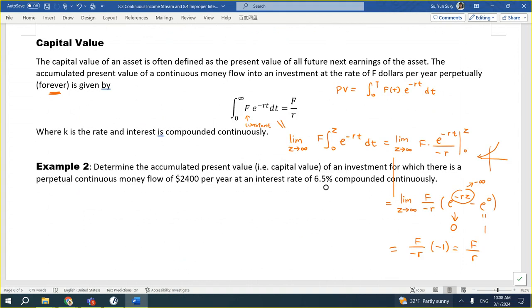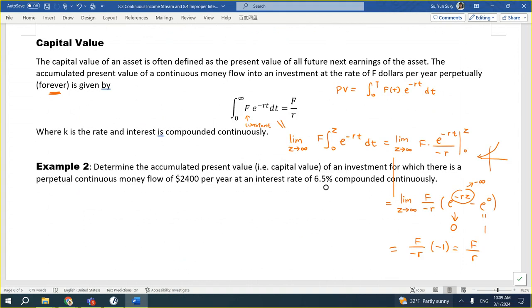Determine the accumulated present value, i.e. the capital value, for investments for which there is a potential continuous money flow of $2,400 per year at the interest rate of 6.5% compounded continuously.